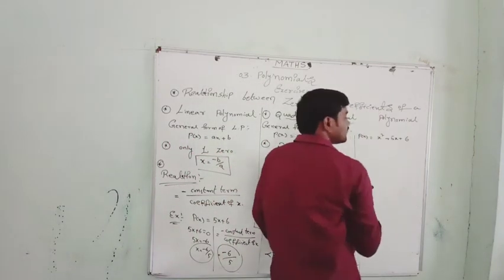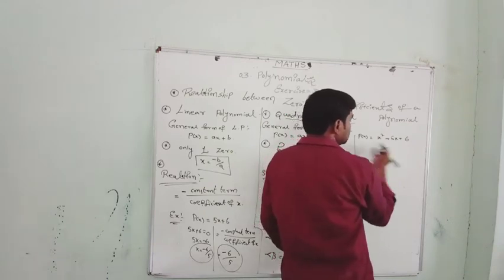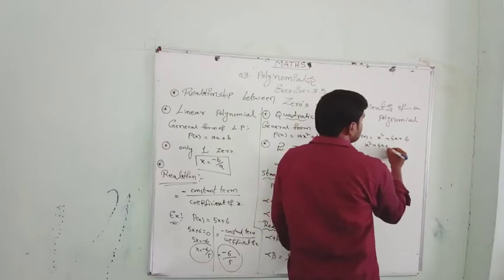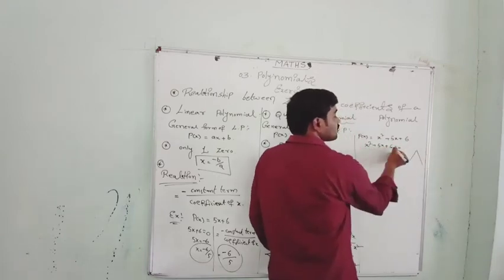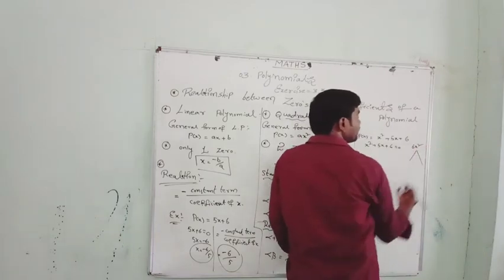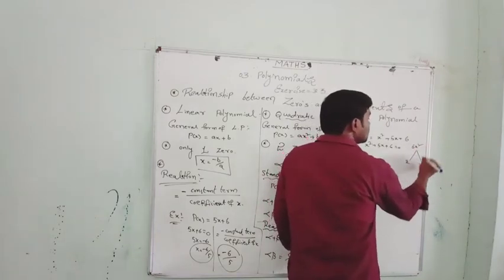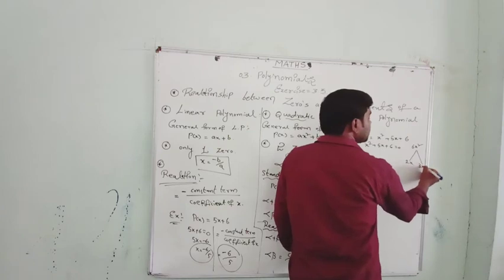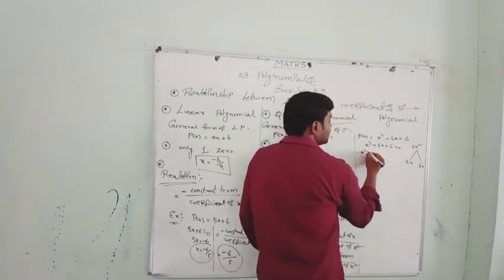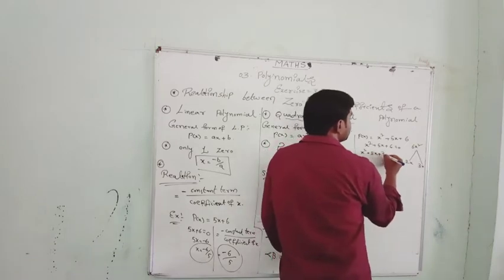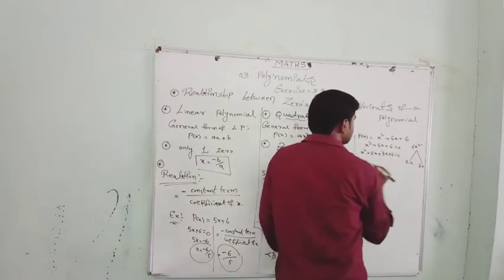We will find out the zeros of this. How can we find out the zeros? See, if p of x is equal to 0, then x square plus 5x plus 6 will be equal to 0. This we can write now. x square into 6, 6x square. Now 2 threes are 6, and 2 plus 3 will be plus 5. So x square plus 2x plus 3x plus 6 equal to 0.